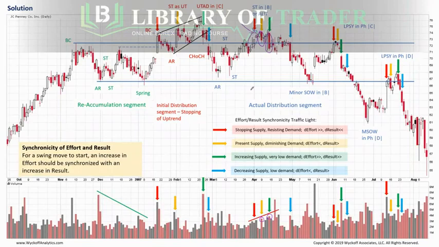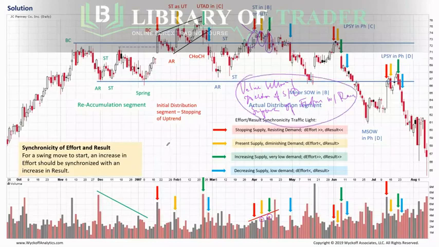So that traffic light should always be value selling, then deterioration of supply and demand, and then synchronicity of effort with the result.